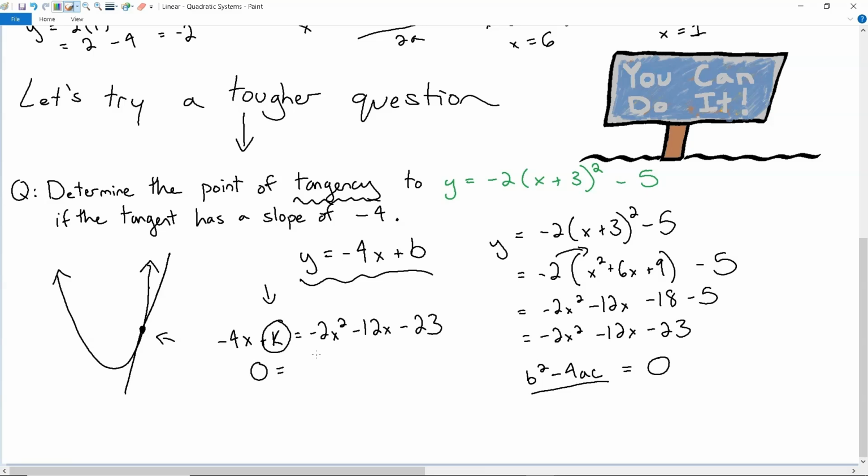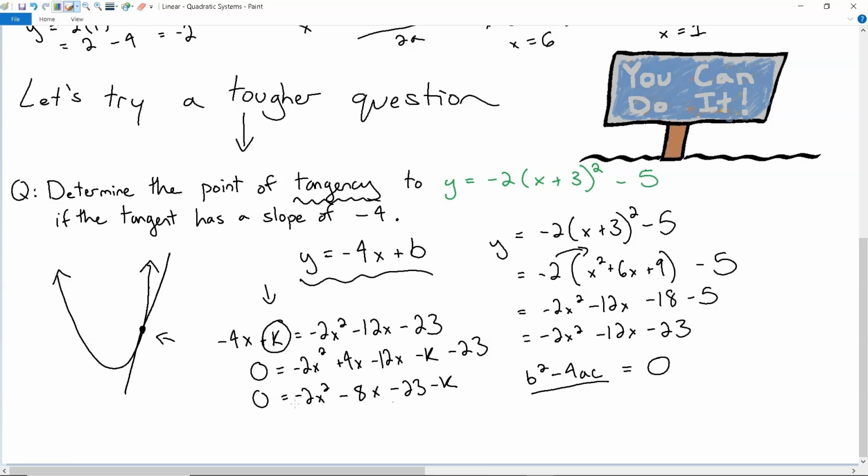So if I plug in values here, I should be able to isolate for a variable. Let's try that out. I'm going to, once again, create my new quadratic on the right side. Okay.